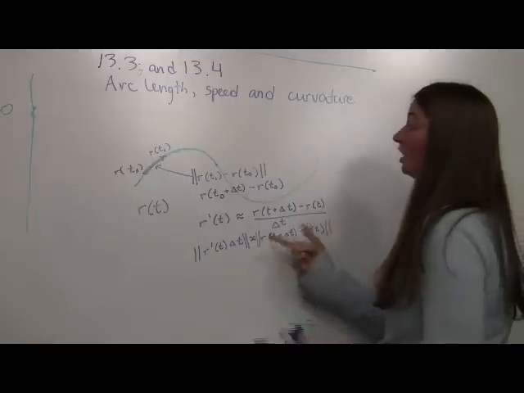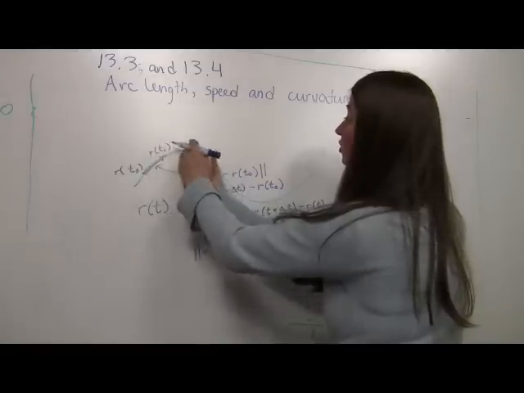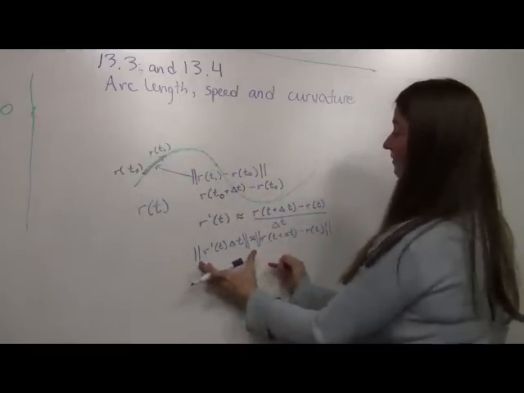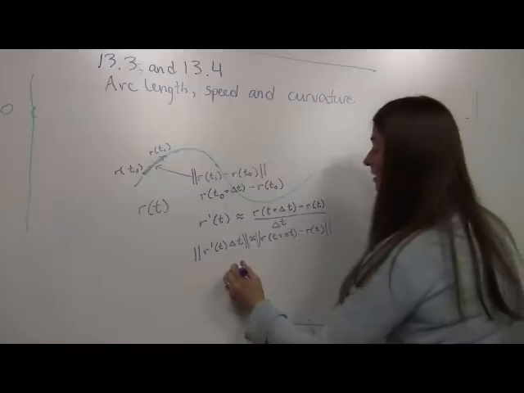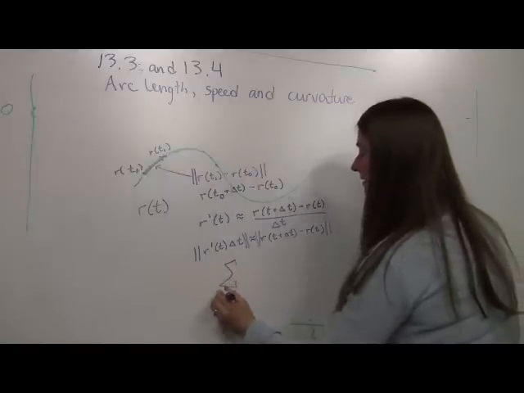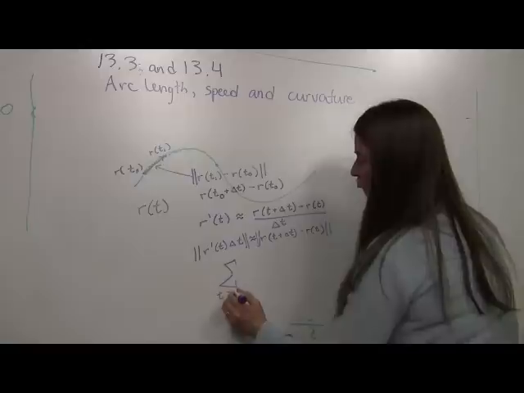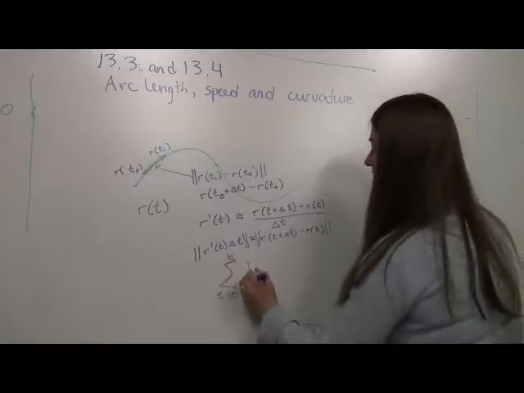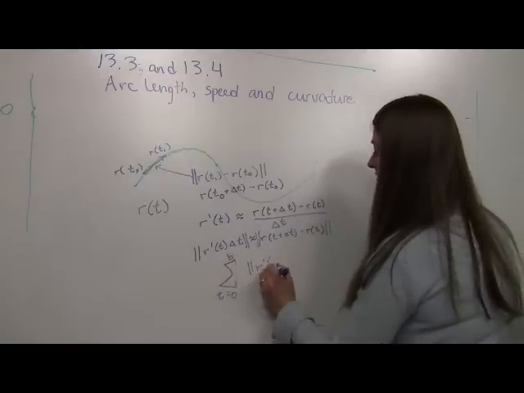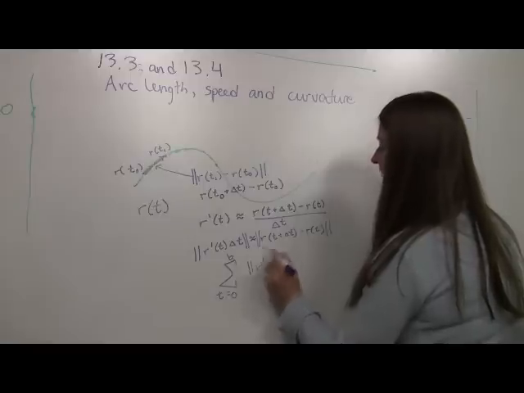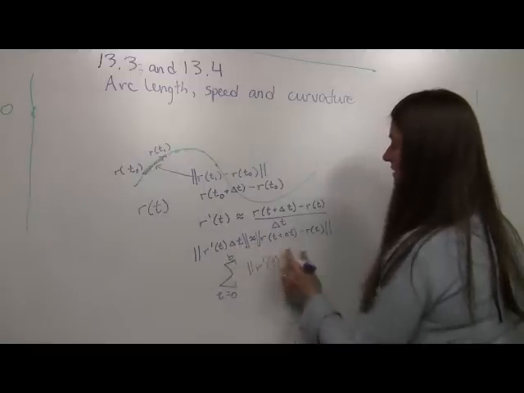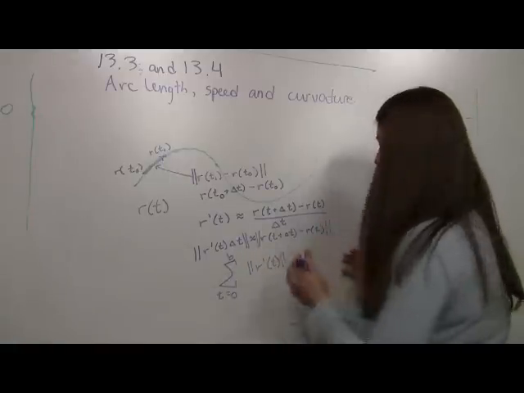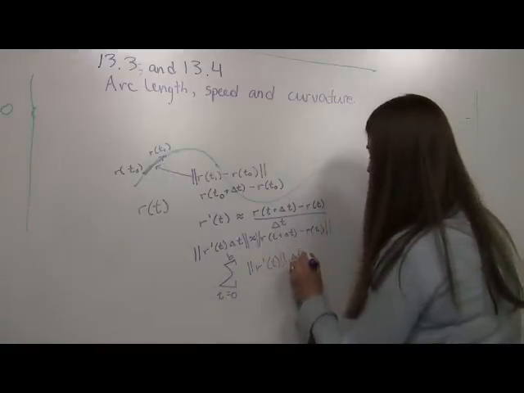Which means that if I want to sum up my path over a whole bunch of these little intervals, I'm going to be looking at the sum, as t goes from 0 to b, of the magnitude of r prime of t times delta t. I'm going to pull this delta t outside of my magnitude, because delta t is just some scalar, a real valued number. I can pull it out of a magnitude.